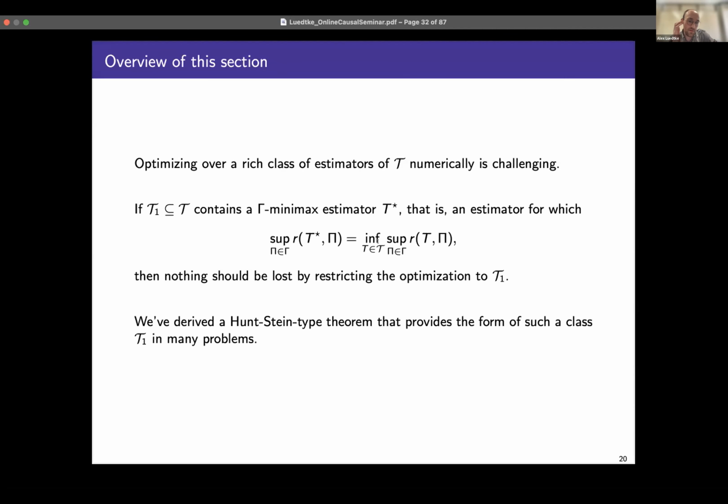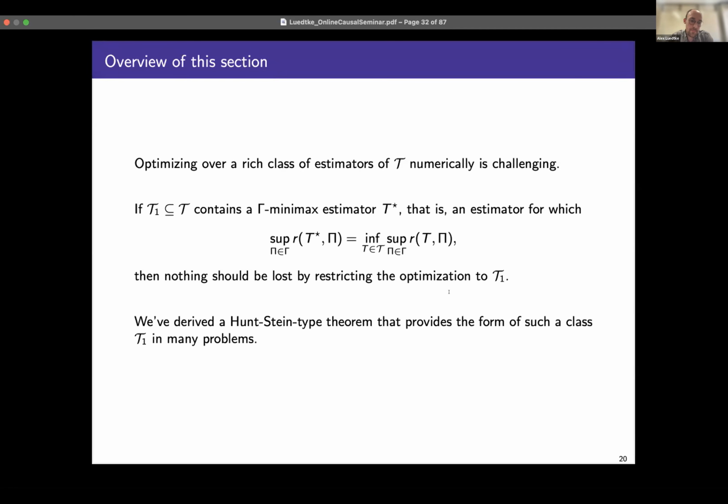Indeed, if T1 actually contains a gamma minimax estimator, then nothing should really be lost by restricting the optimization to T1. So we can optimize over a much simpler class of functions, with far fewer possibilities of estimators that we need to look at.